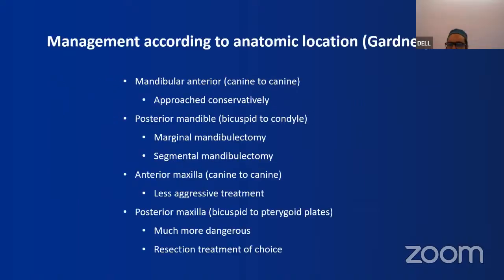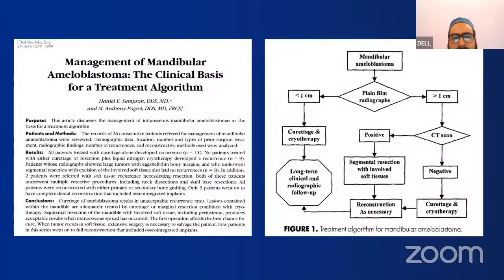Now, according to anatomic location, we also need to assess, especially in the posterior maxilla, because the maxilla is very spongy bone, and in the posterior maxilla the tumor can rapidly spread to the sinus, infratemporal fossa, and the cranial cavity. So posterior maxillary tumors are much more dangerous and need aggressive resections to cure the disease.